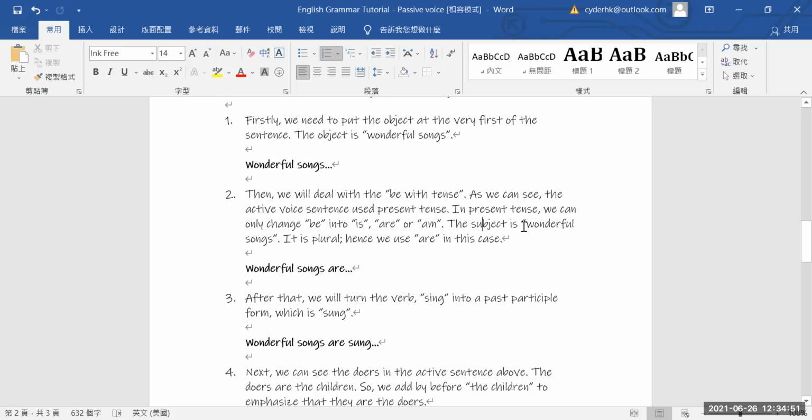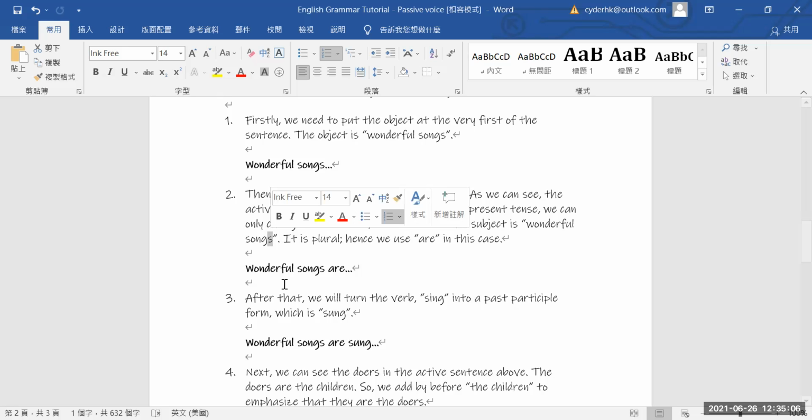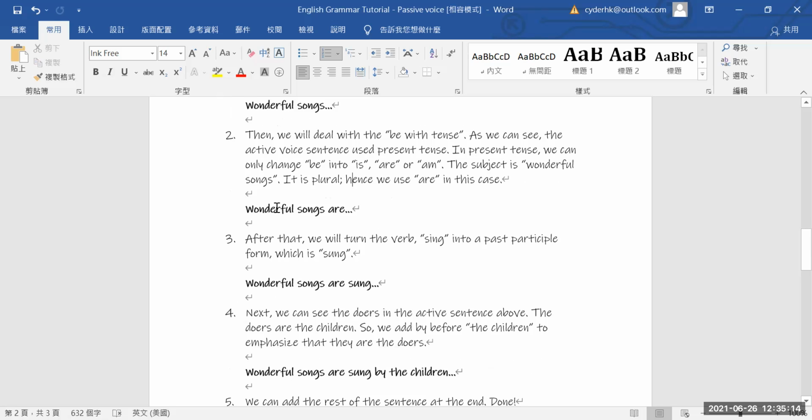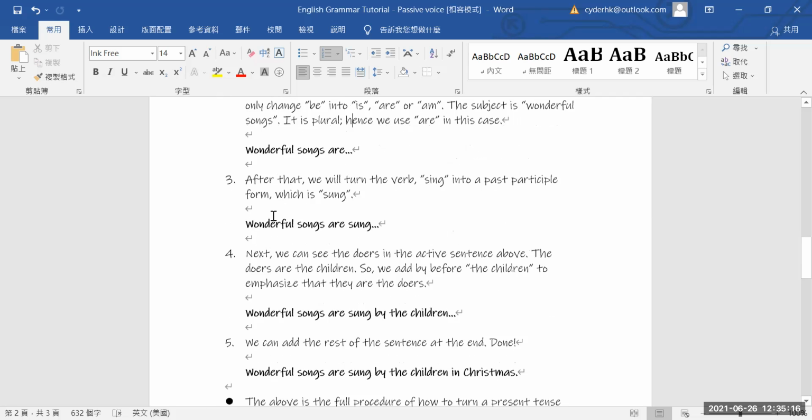The subject is wonderful songs. It's plural. When we see plural, we need to change it into are. This is present tense and plural. We can see the s in wonderful songs, so we know it's plural. Plural, then we change it into are. So hence we use are in this case: wonderful songs are something.